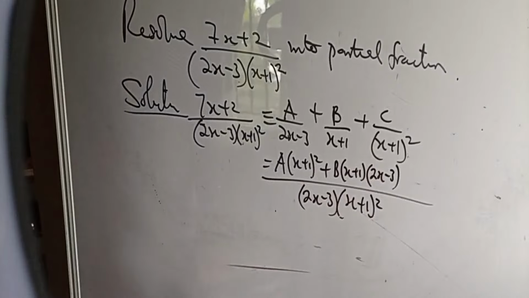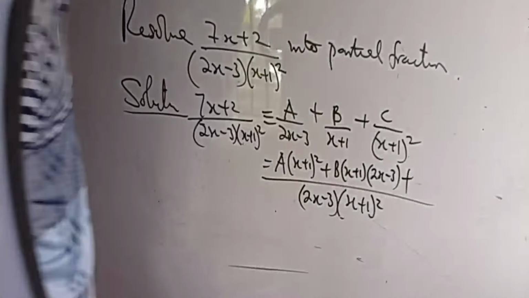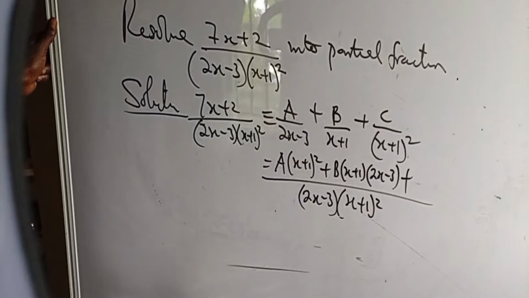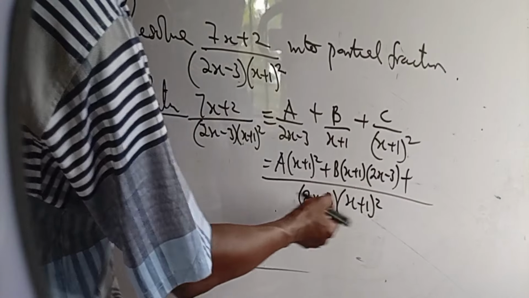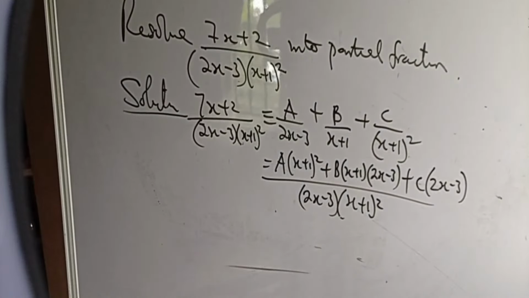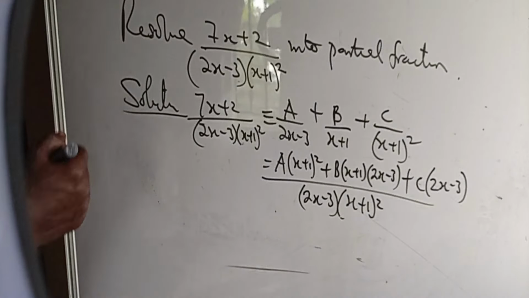Now plus, x plus 1 squared cancelling x plus 1 squared, you have this left, so C into 2x minus 3. Do you understand that? Okay.